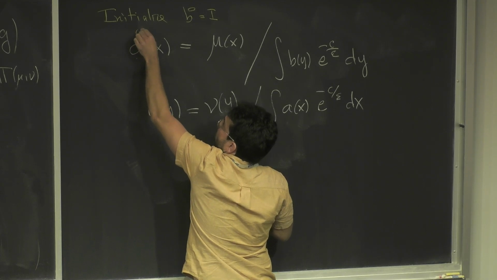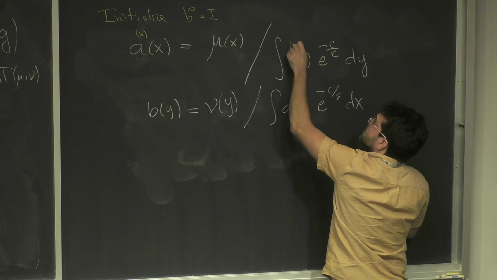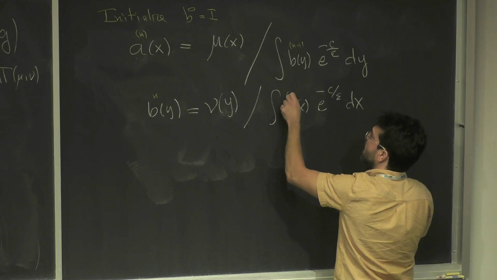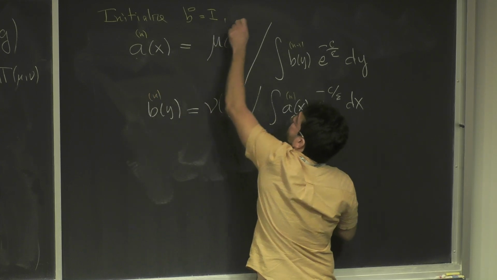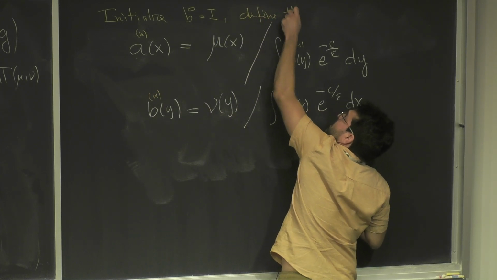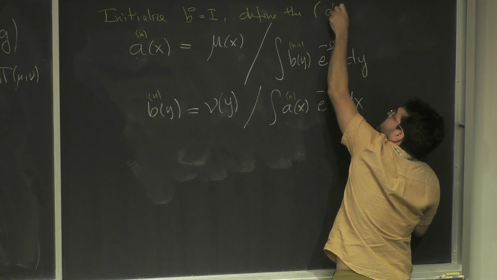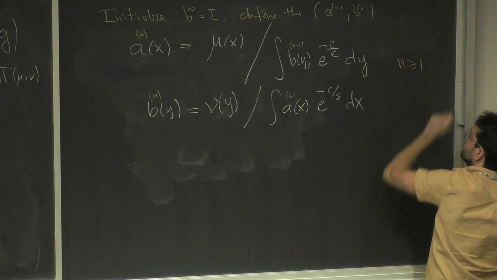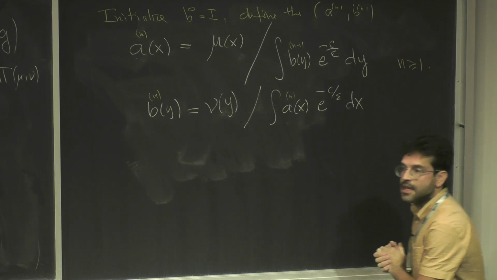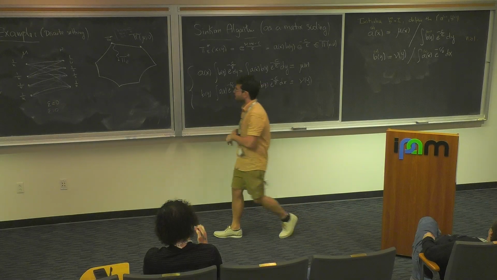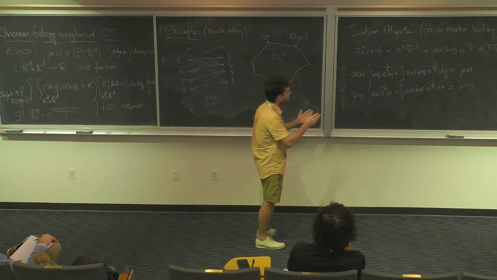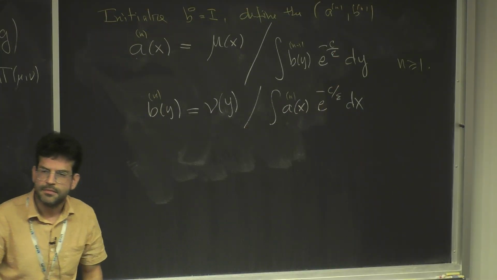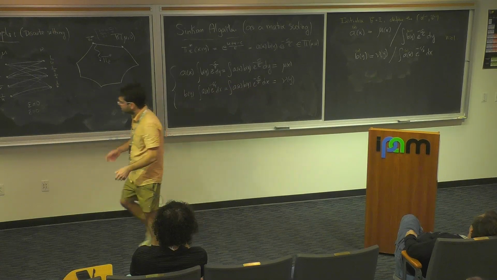Then I compute a1 using b0, and then I compute b1 using a1. Then we define the sequence an, bn in this way for n bigger or equal than 1. This is the idea of the matrix scaling. You can define a stopping time for this algorithm, for example when the marginals reach the precision that you want. You can set up a threshold, 10 to the minus 6.